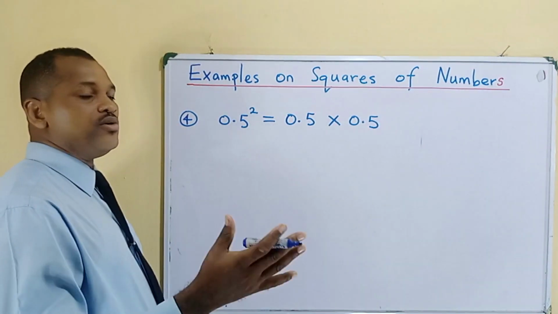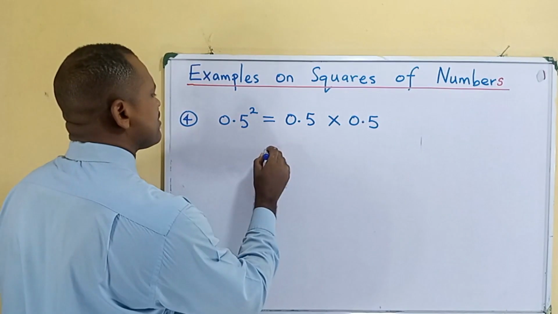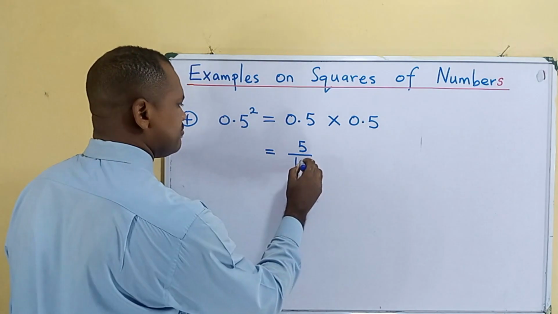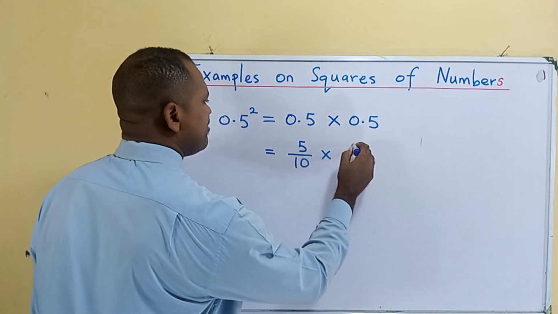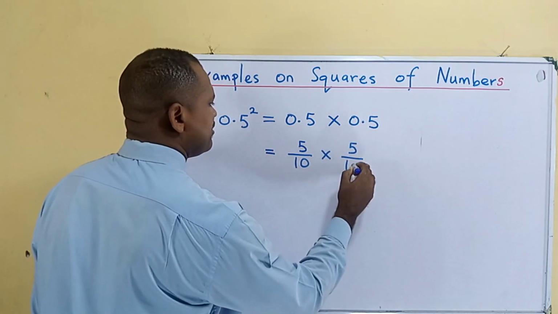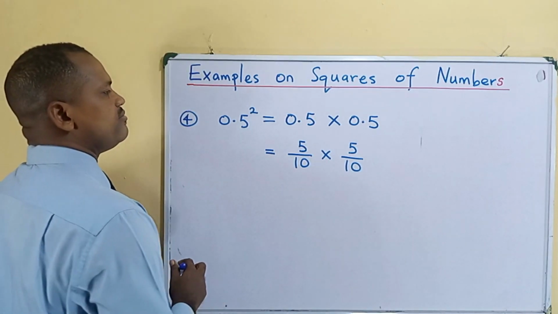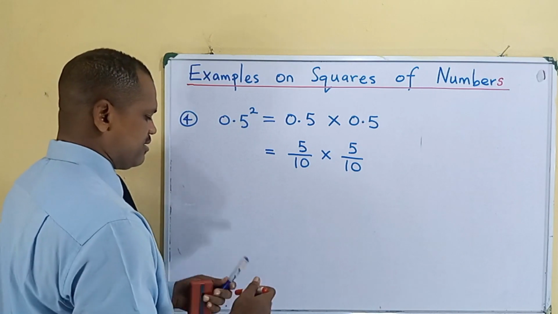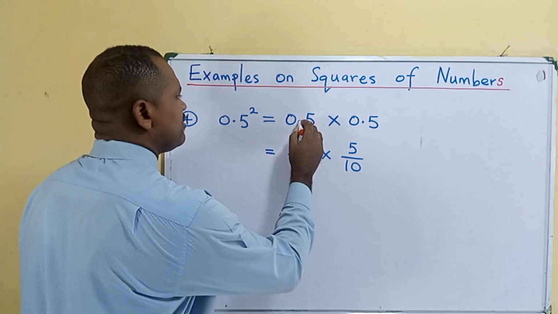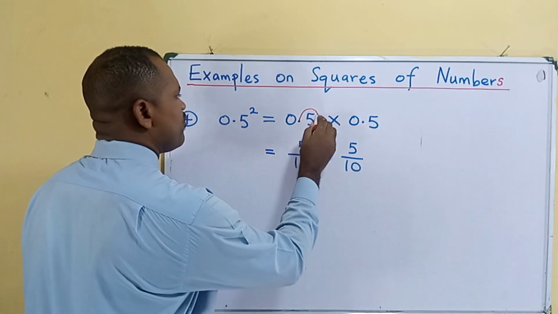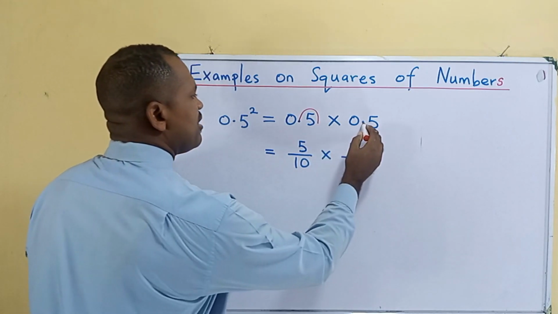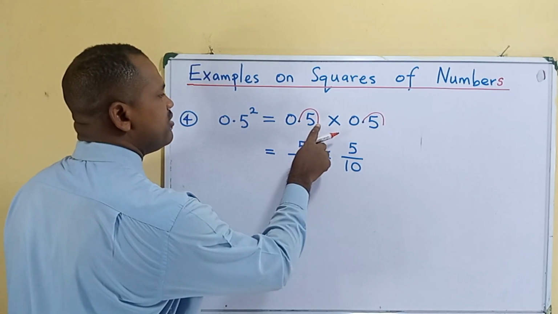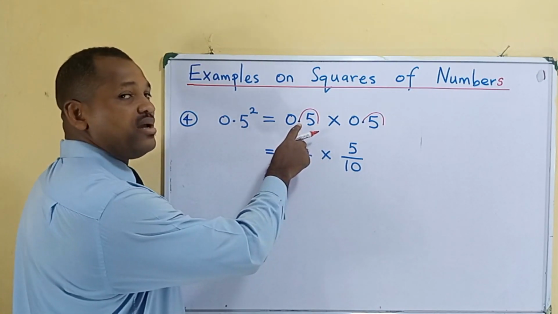And in our previous videos, this is very simple. This is something as 5 over 10 times 5 over 10. Just move the decimal point. If you move it, you have moved this to this place, and of course this to this place. So now the decimal point is now here, no longer here.